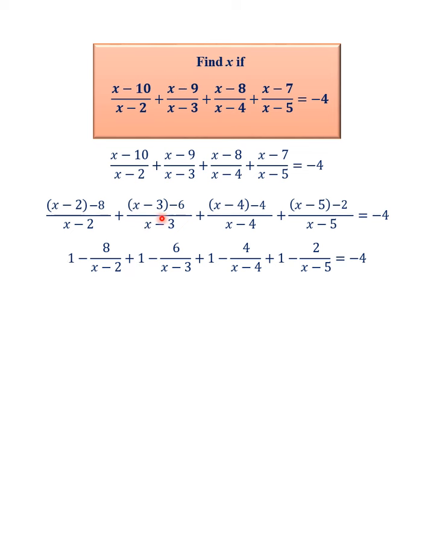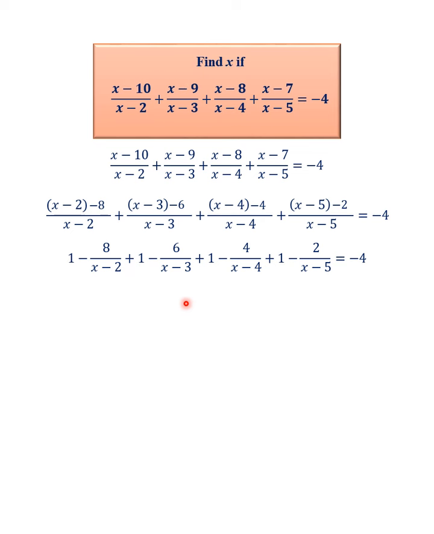Similarly, x minus 3 divided by x minus 3 gives you 1, and you have minus 6 all over x minus 3. x minus 4 divided by x minus 4 gives you 1, and you have minus 4 all over x minus 4. Similarly, this knocks off this 1, and you have 2 all over x minus 5. Remember, plus, plus, plus connects each of the expressions, and everything is equal to minus 4.